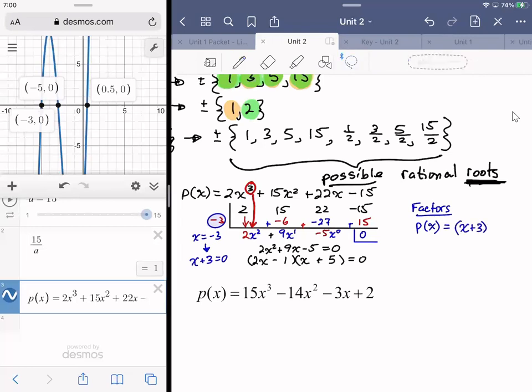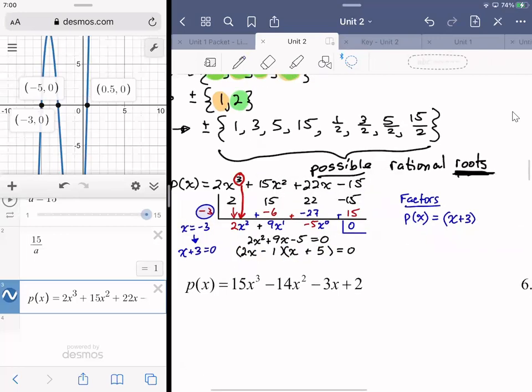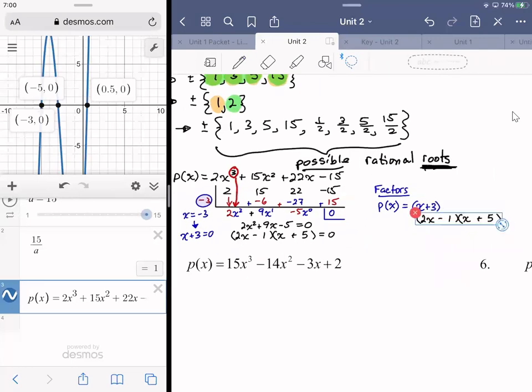Then we have these other two factors that we know are going to work out. And to save yourself time, energy, and effort, energy being the word of the day.